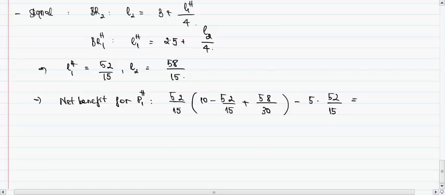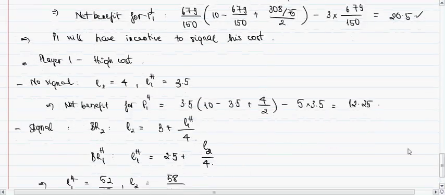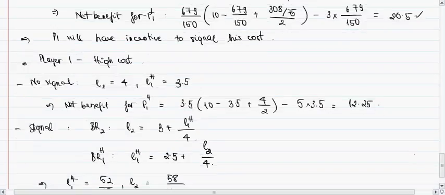Therefore the net benefit is going to be 12.017.